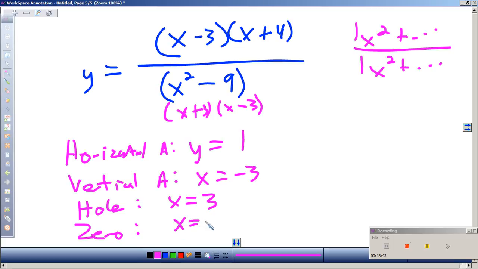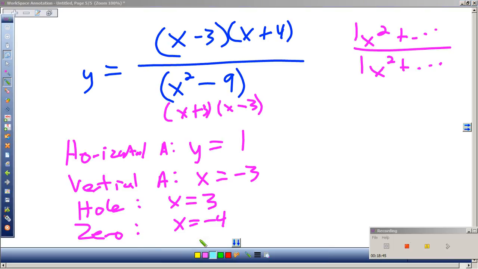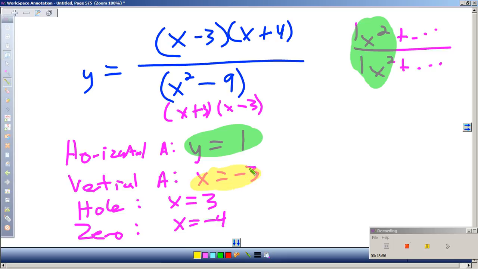And x equals -4. To get each one of these, we compared the powers, so that's where we got this one. To get x equals -3, we just looked at that right there. To get x equals 3, how did we get that one?